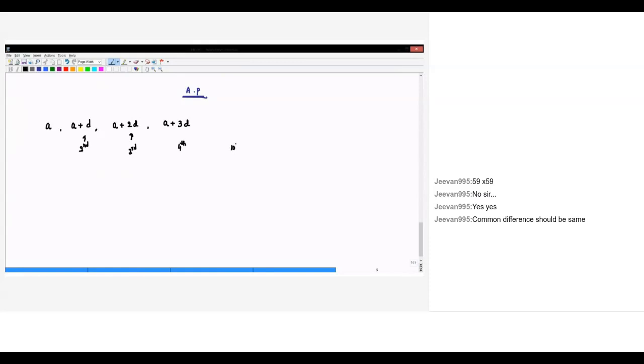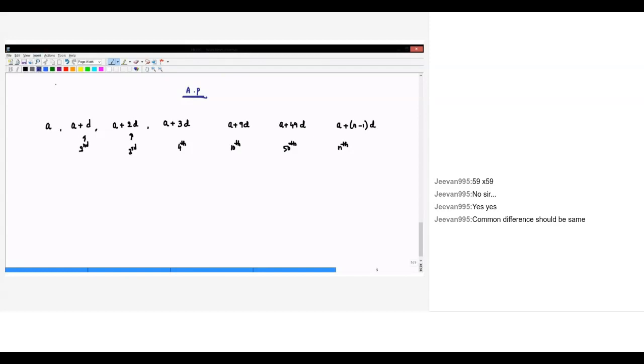Therefore, if I want the 10th term, it is A plus 9D. If I want the 50th term, it is A plus 49D. If I want the nth term, it is a plus n minus 1 into d. That is your nth term.